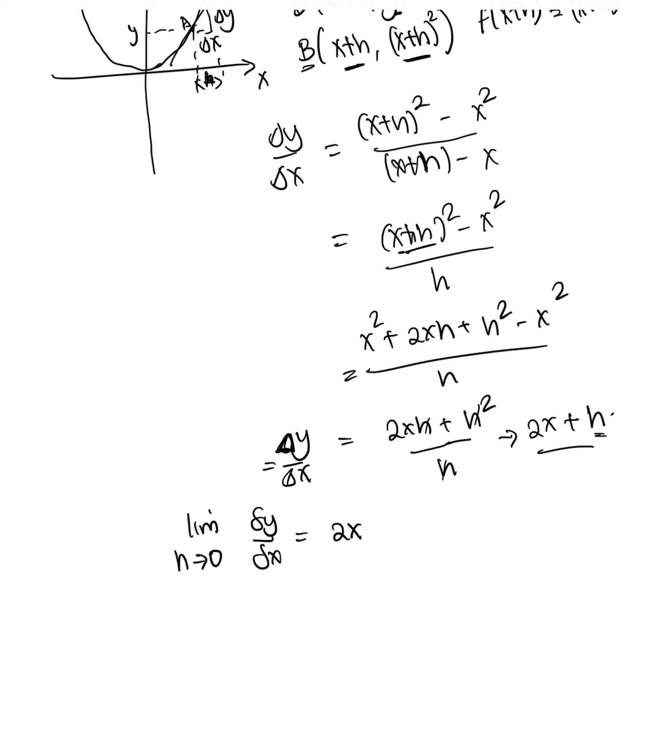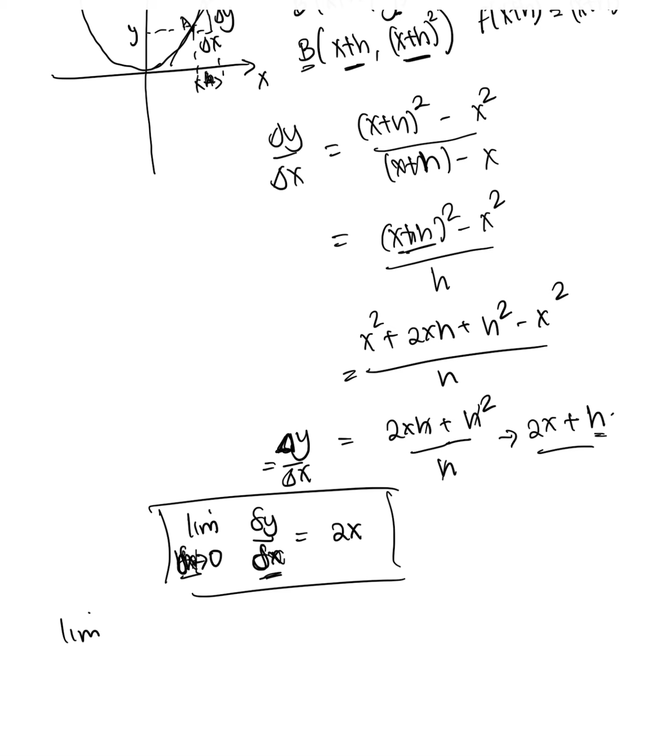So let us talk about a few definitions here. When we're doing limits, right? When we say the limit as h tends to 0, or here it's actually supposed to be delta x, because delta x is what is becoming really, really small in this example here. So here delta x tends to 0, it becomes 2x.